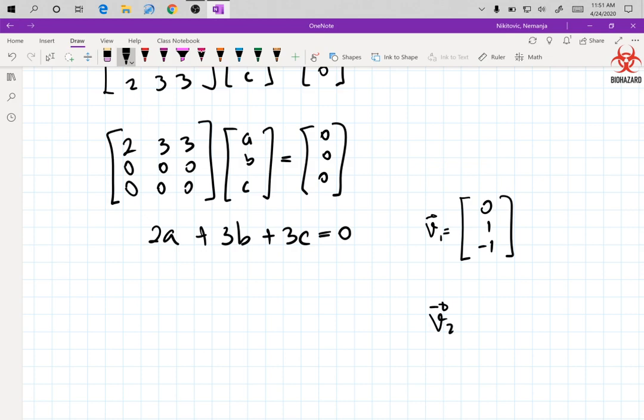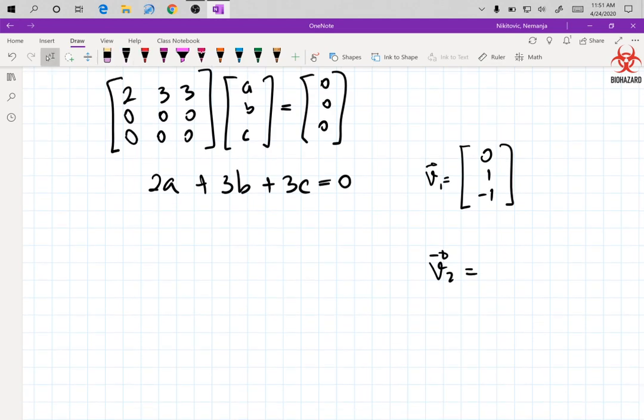Question is, can you find a vector that is independent of this one? And the answer in this case is yes, right? Because think of it, you can pick b to be 0, let's say, and then you can use 3 and -2. That's going to be independent from v1 because you cannot multiply v1 by a number to get v2.